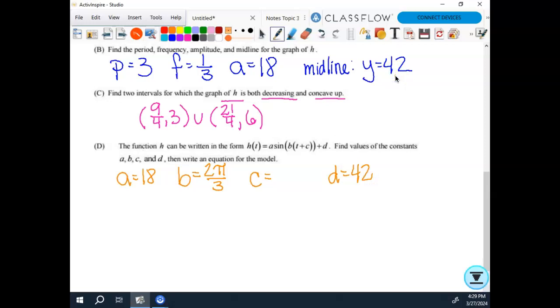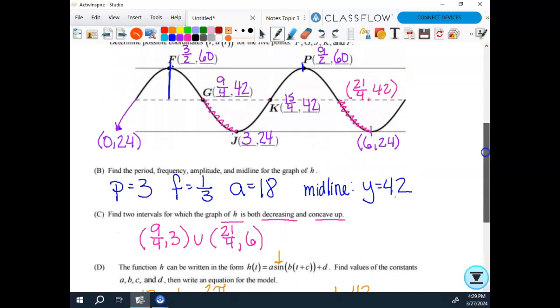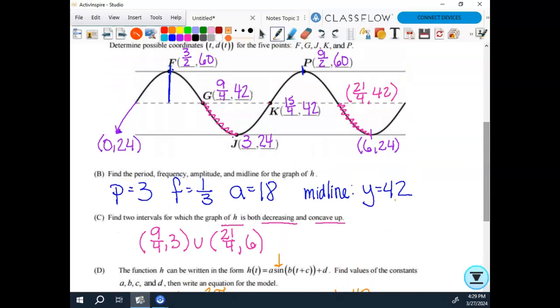All right, so in order to figure out C, I got to pay attention to what kind of function I have. I have a sine function. I cannot start it here because I can't have the negative stuff. Sine actually, 0 is here, but sine would start here. So we got to figure out this x value. Well, look, if this is 21/4, 15/4, 9/4, that would make this 3/4, 42.